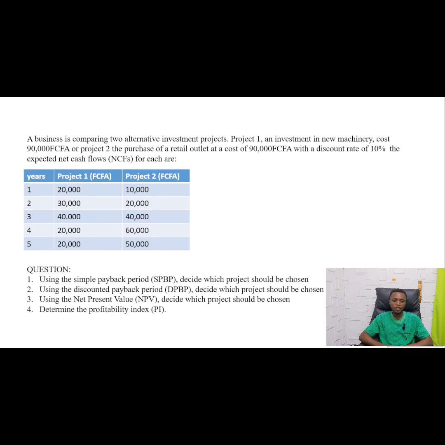The expected net cash flow for each are: for project 1, year 1, 20,000 francs, year 2, 30,000 francs, year 3, 40,000 francs, year 4, 20,000 francs, year 5, 20,000 francs. For project 2, year 1, 10,000 francs, year 2, 20,000 francs, year 3, 40,000 francs, year 4, 60,000 francs, year 5, 50,000 francs. And the second question is, using the discounted payback period, decide which project should be chosen.